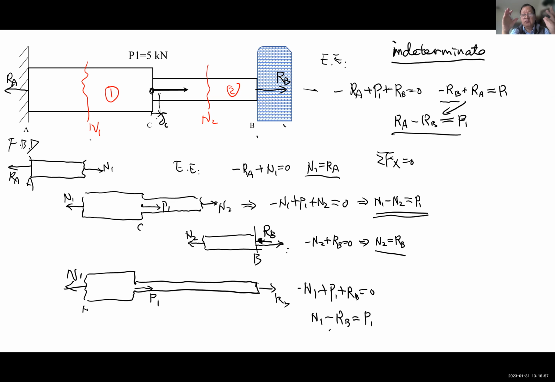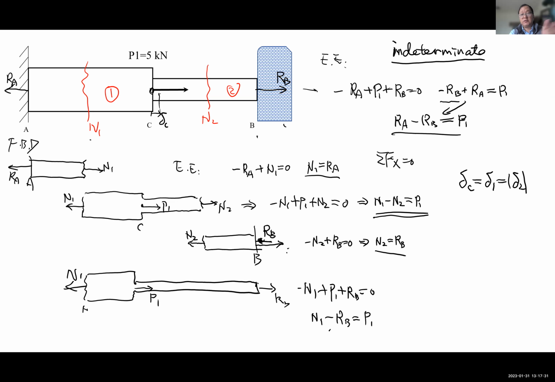Okay, then what happened to these two bars? This bar AC must be stretched a little bit longer, and the CB must be compressed a little bit shorter. So basically we say the delta C should equal the elongation of the first bar, or equal the shrinkage of the second bar.